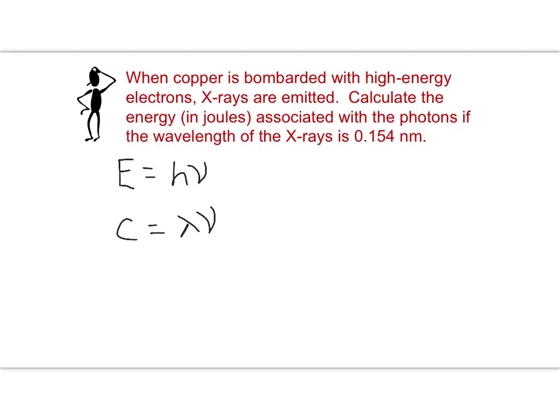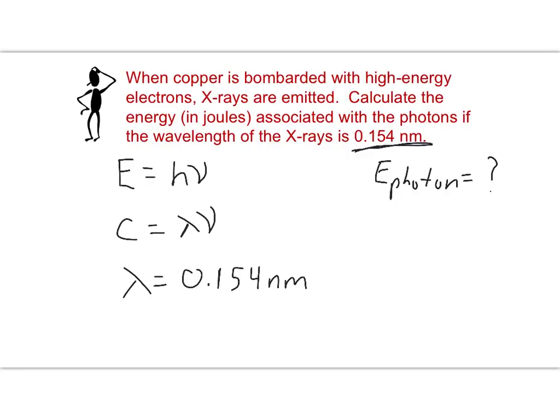The question is asking for the energy of the photon. What's given is the wavelength, in nanometers. So the formula that's needed is the one where we substitute nu is equal to c over lambda.